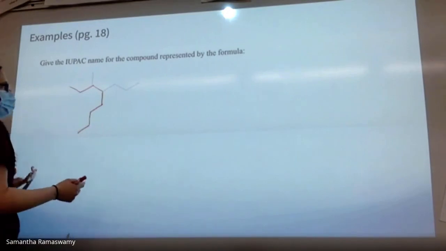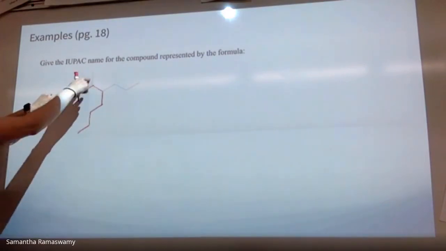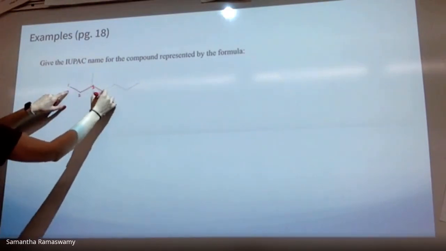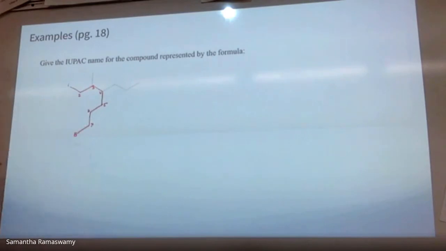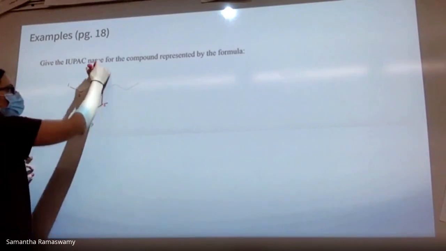Now, when I number, you want to start your numbering at the end closest to a substituent. That's this end. There's a substituent right here. 1, 2, 3, 4, 5, 6, 7, 8. And so I notice here, right off the third, it's a single bond to a carbon.